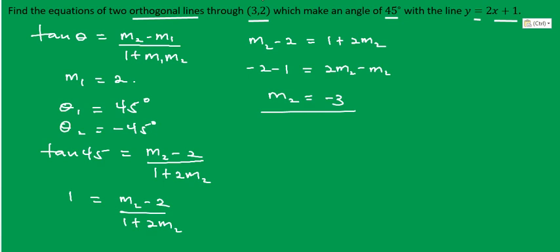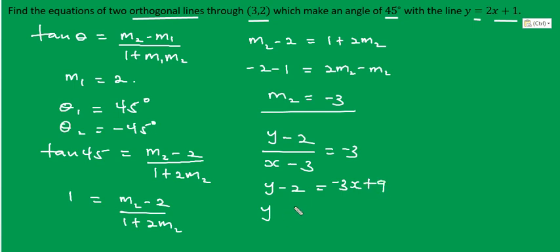But that line passes through this point, so you can find its equation by using y minus 2 over x minus 3 equal to negative 3. So this is going to give us y minus 2 equal to negative 3x plus 9.